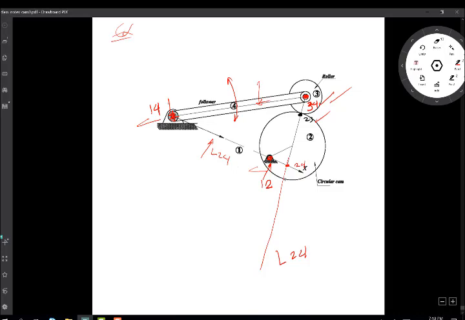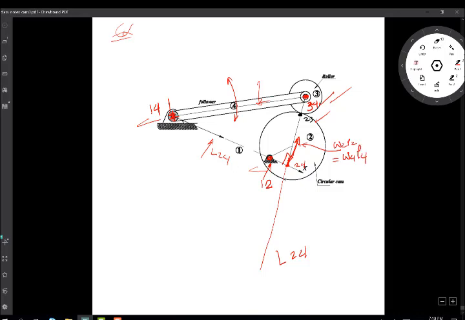Okay, so you can find the velocity of this point by drawing a line perpendicular to this line that connects. So that's this 90 degrees, and you can say this velocity here is equal to omega 2 r2, but also it is equal to omega 4 times L4.